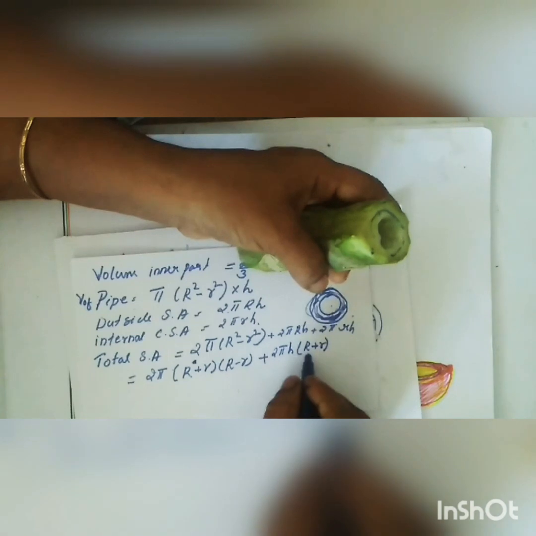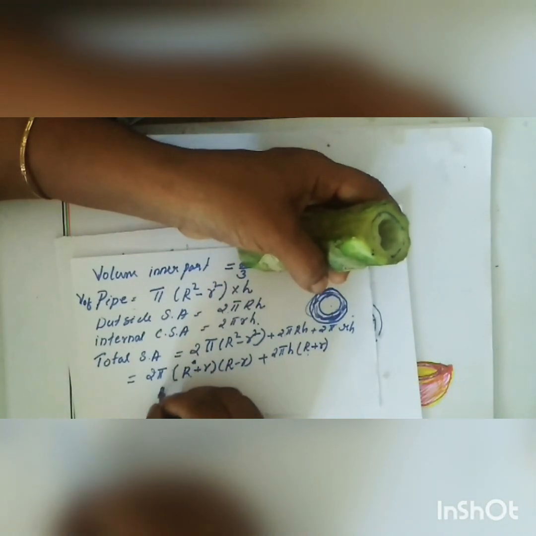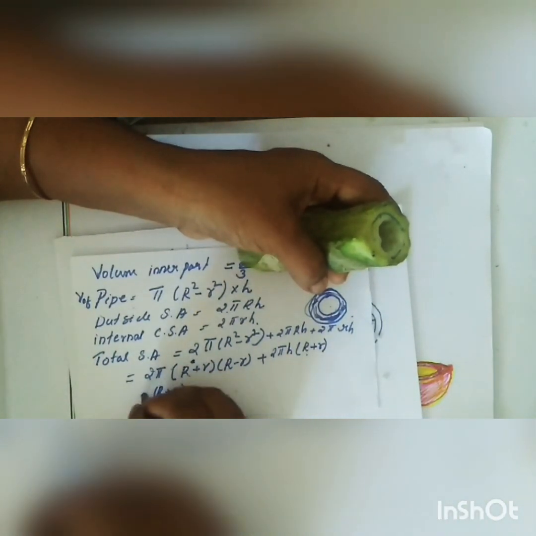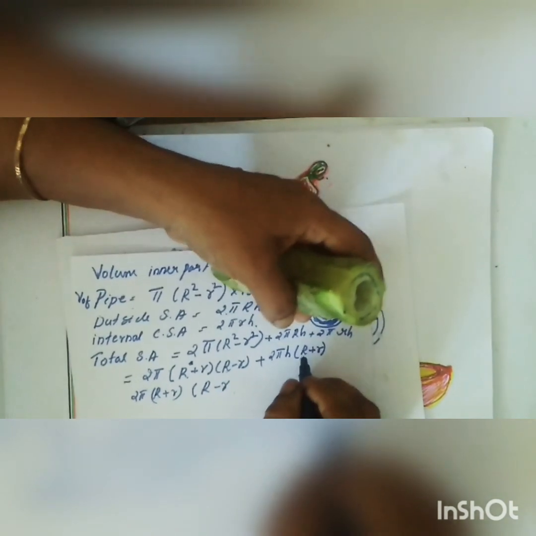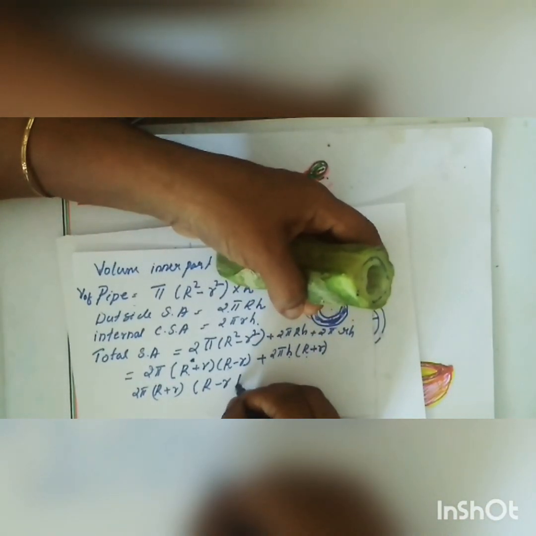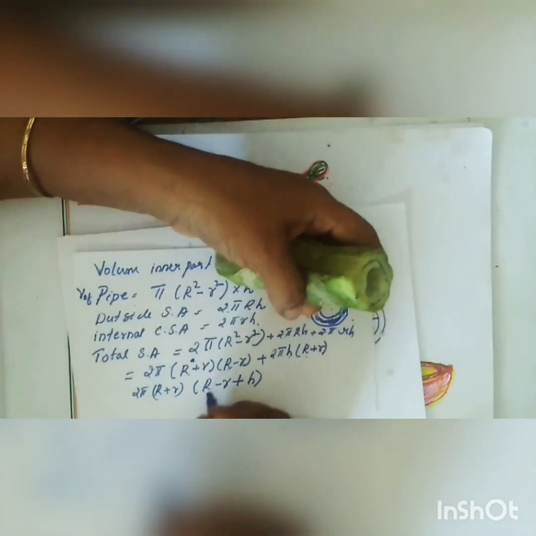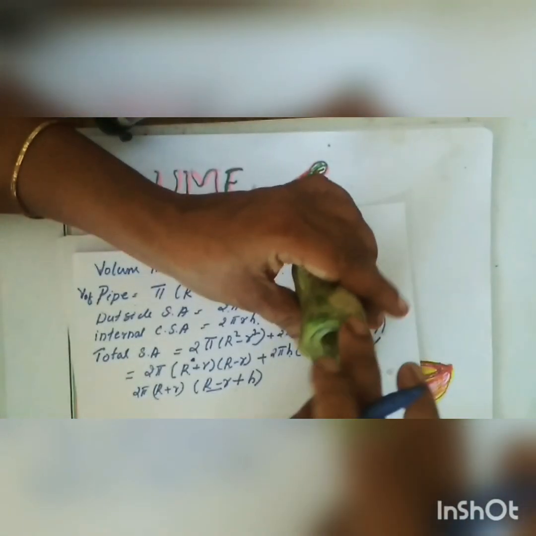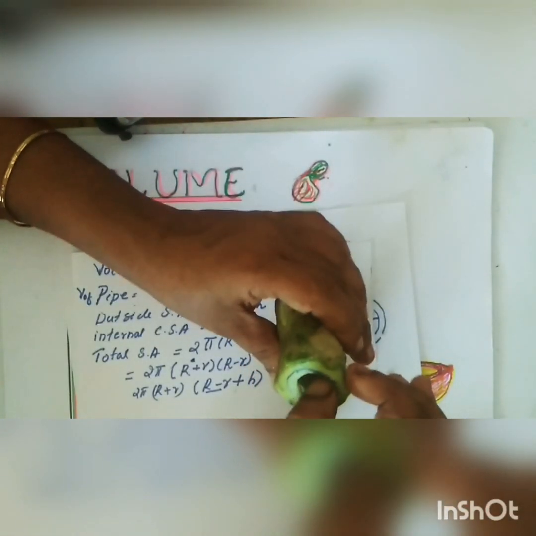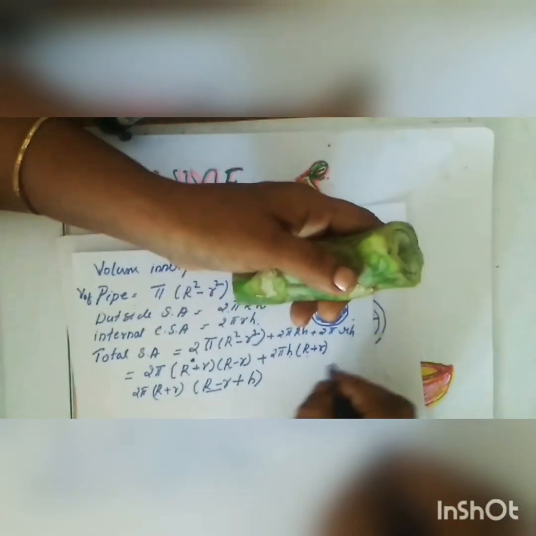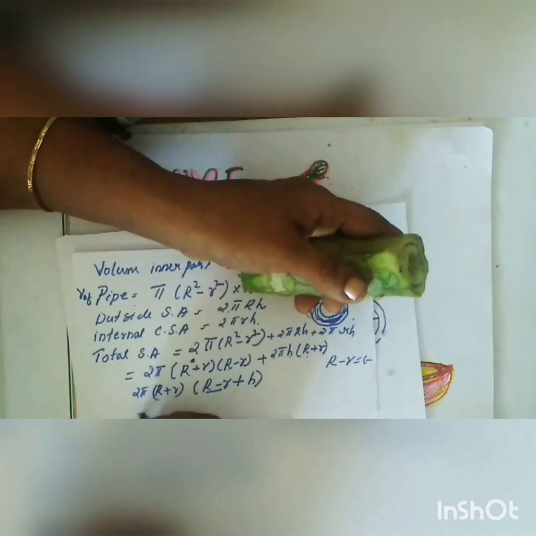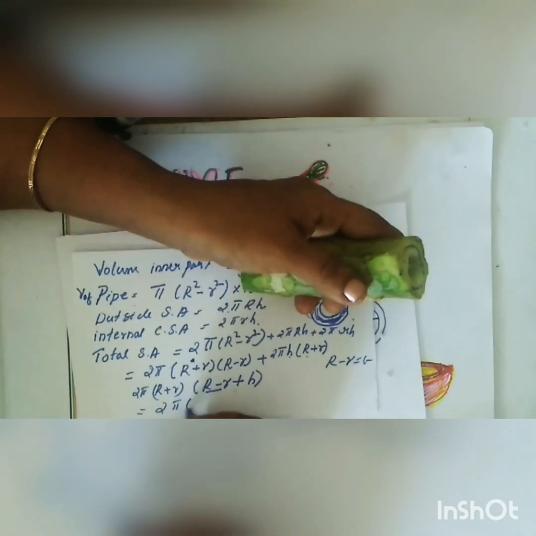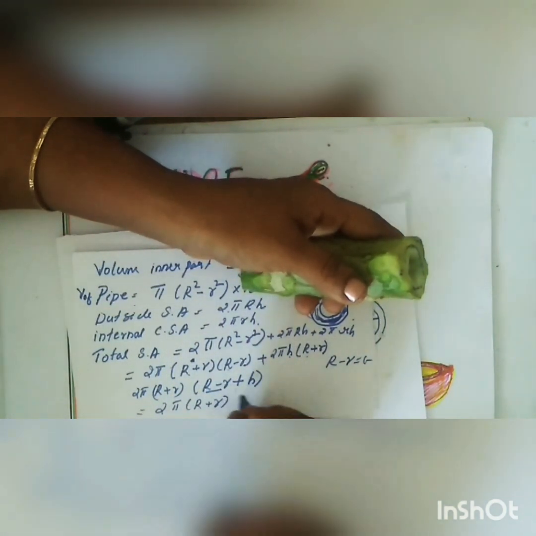Here R minus r represents the thickness. Therefore, R minus r is equal to t, and this equals 2 pi capital R plus r into t plus h.